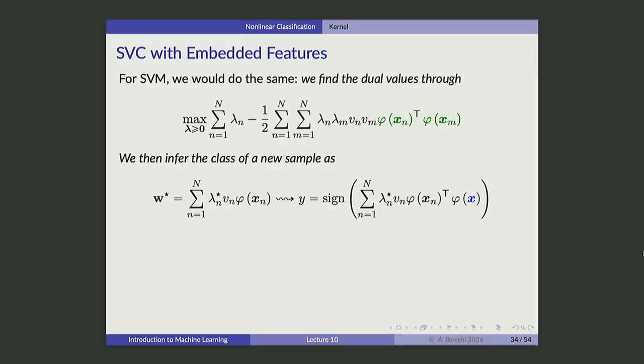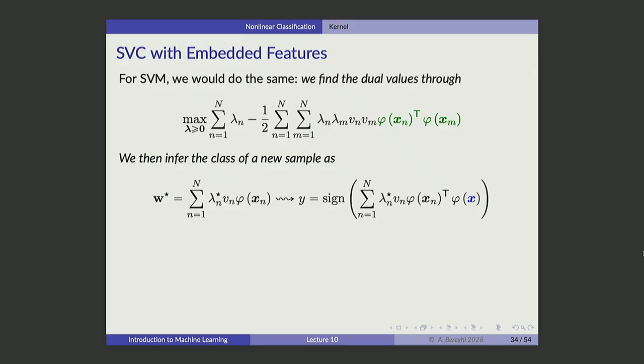Now, one question: do I need phi itself? Do I need to know exactly what phi is? No. What do I need to know? Phi transpose times phi, the inner product of phi at one point with itself at another point.